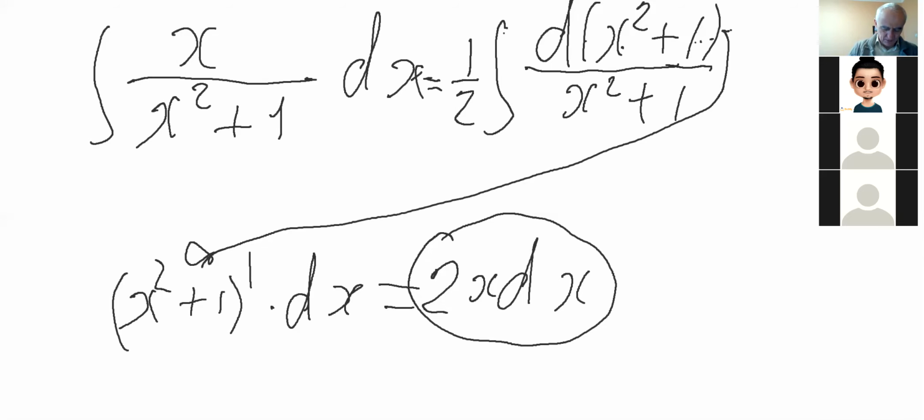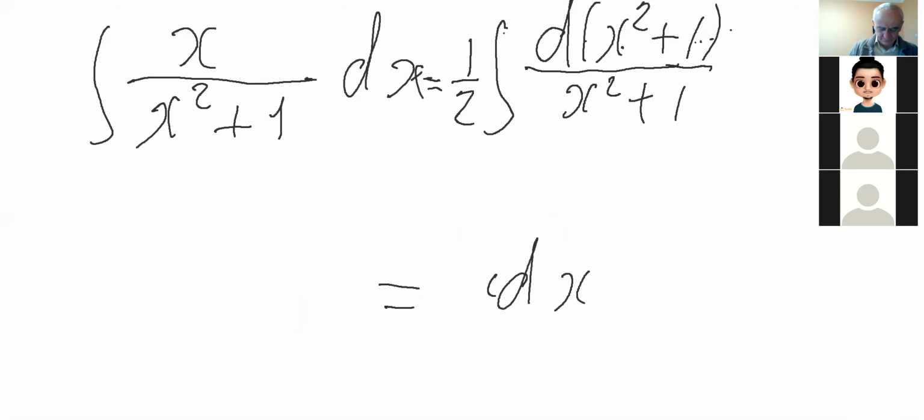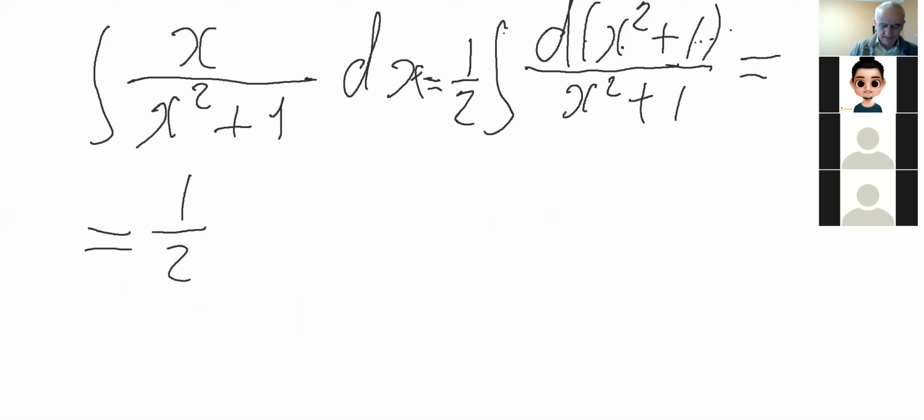So let's now continue. d(x squared plus 1), and in the denominator I have the same, x squared plus 1.